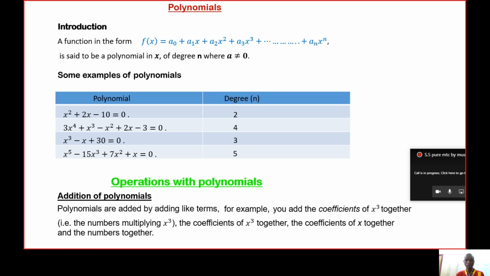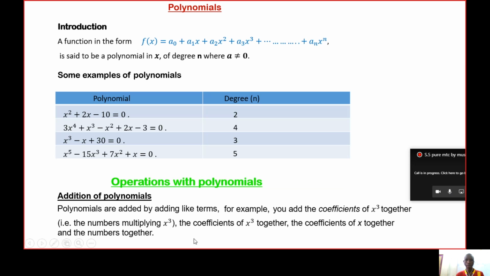So you add the coefficients of x^3 together, the coefficients of x together and the numbers together. That's what we are looking at in this step. So we add polynomials by adding the like terms.